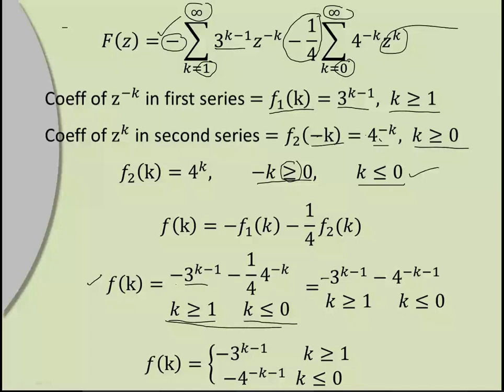So these are the intervals in which we can write that function. Firstly, separate out the denominator and look at the ROC. Depending on the ROC, bring the term which is less than 1, then do the expansion. Negative powers of z give us f of k, and the coefficient of positive powers of z gives us f of minus k.